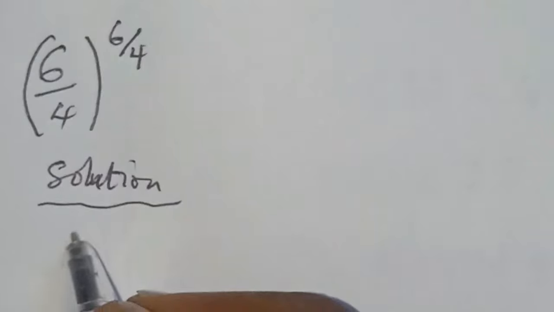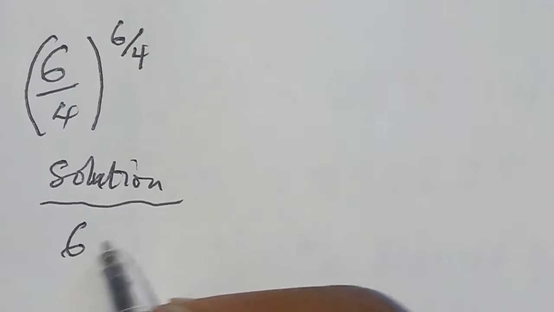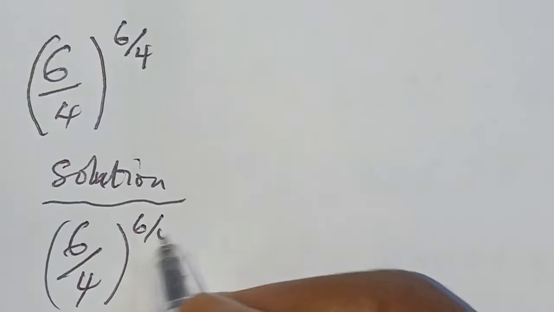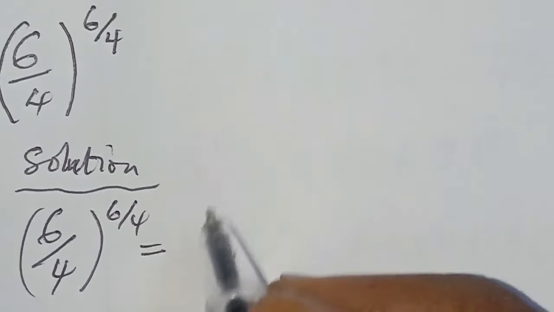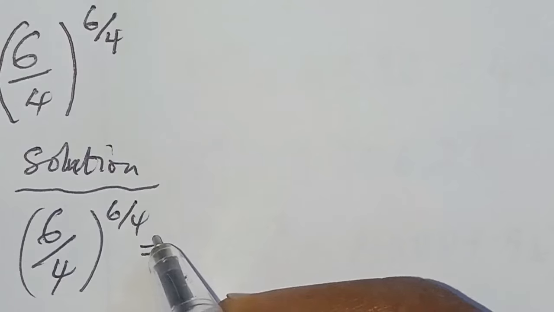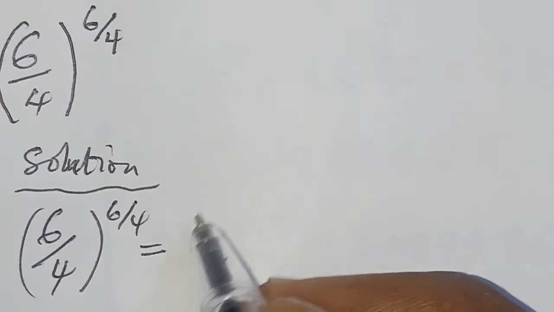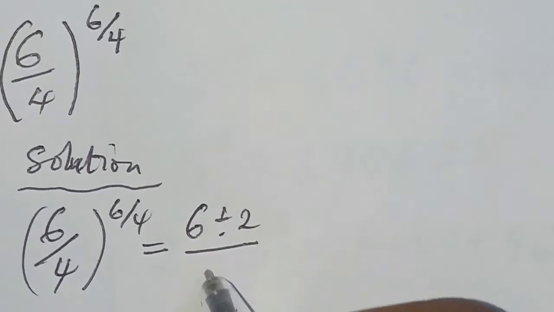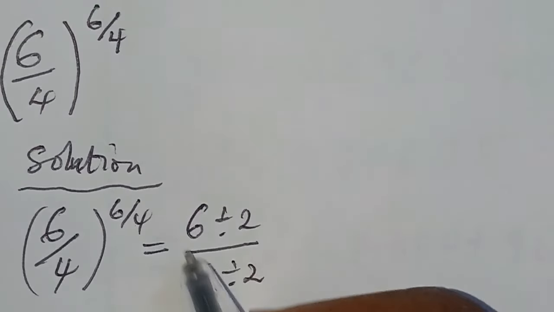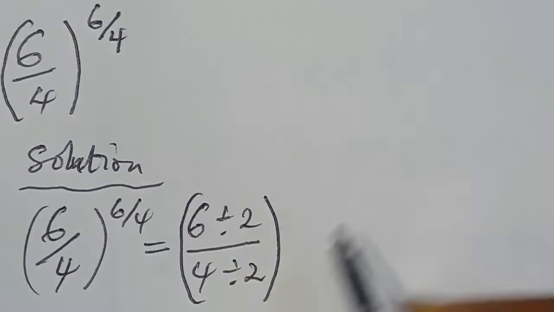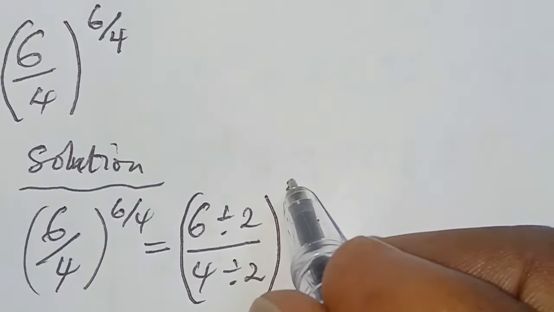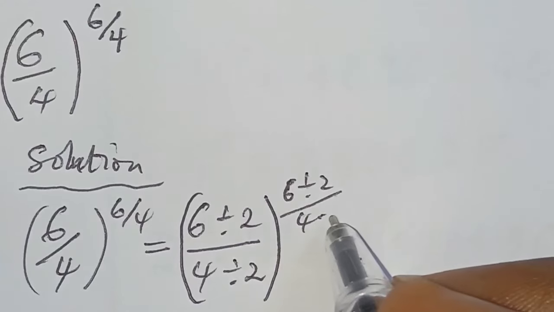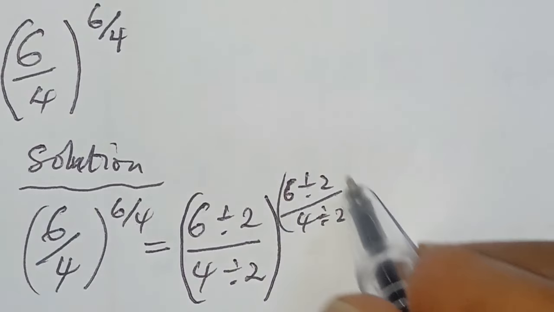So from our question, we have 6 over 4 in brackets to the power of 6 over 4. This can be reduced by dividing all through by 2. So we have 6 divided by 2 over 4 divided by 2. We open the brackets and close that, and from the exponent, 6 divided by 2 over 4 divided by 2.